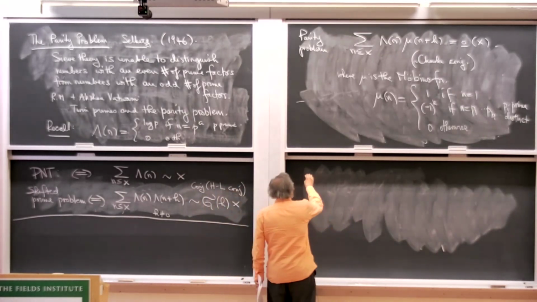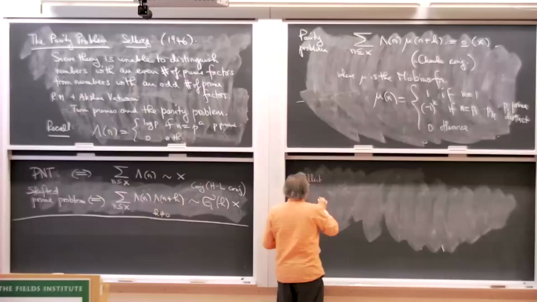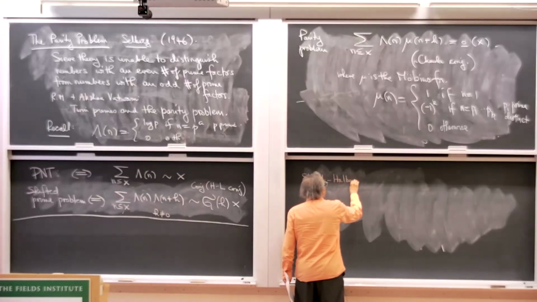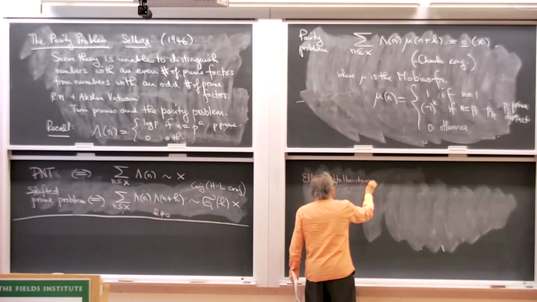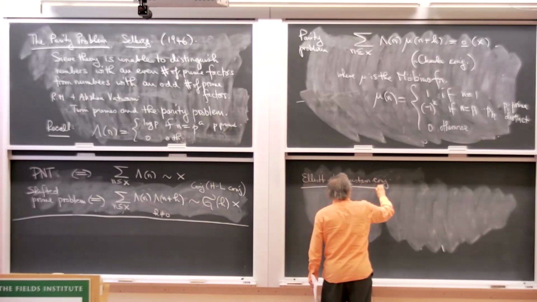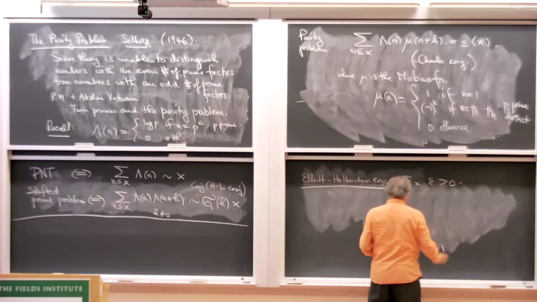So it seems reasonable to formulate, how many T's? Elliot has 2 T's. Halberstam conjecture. Fix epsilon positive.